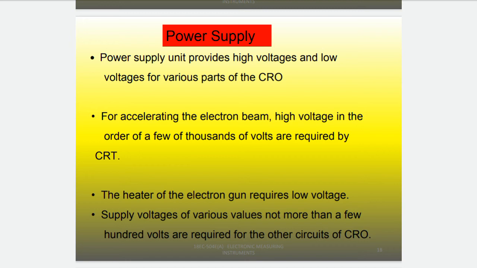That means the low voltage is required to heat the electron gun, which emits the electrons. This low voltage is a positive voltage of the order of a few hundred volts.